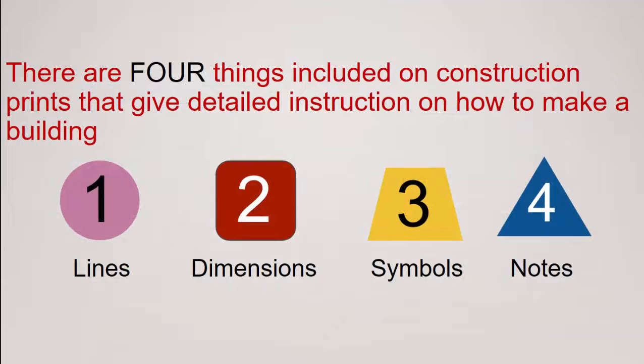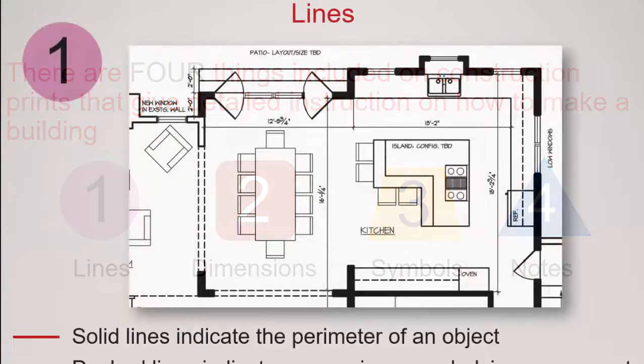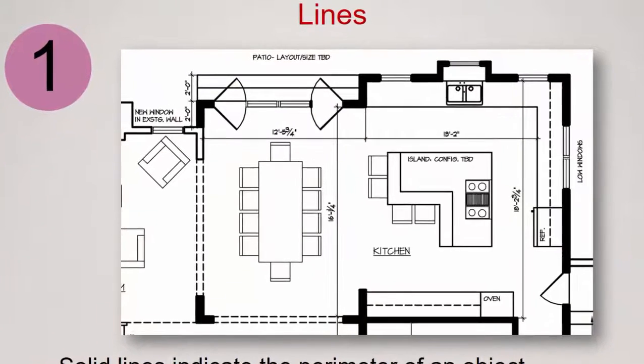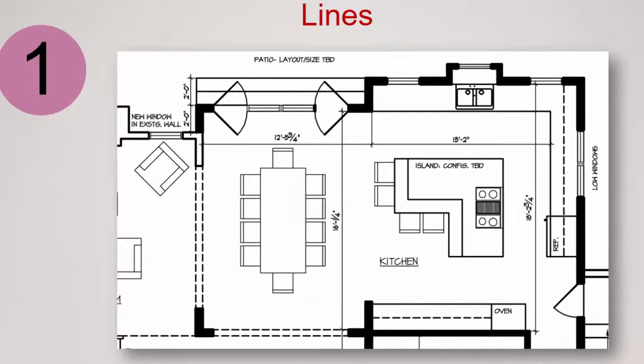There are 4 things included on a construction print that give detailed instruction on how to make a building: lines, dimension, symbols, and notes. So the lines are solid or dashed, like you see here in this picture. The solid lines again represent, in this case, exterior walls. The dashed lines might represent that there's an opening or something hidden there.